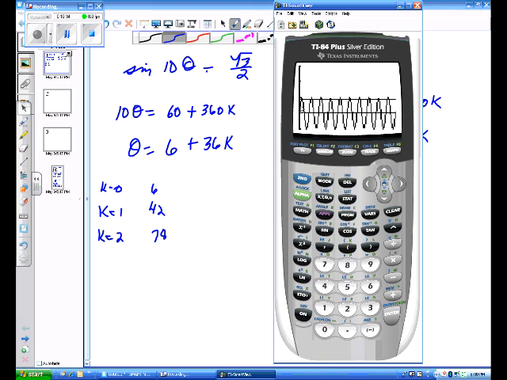Okay, so if we wanted to make this bigger, we went up to 3, so we could just go up to 2. And then we would have a better viewing window.